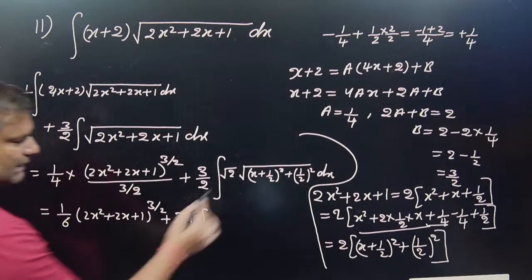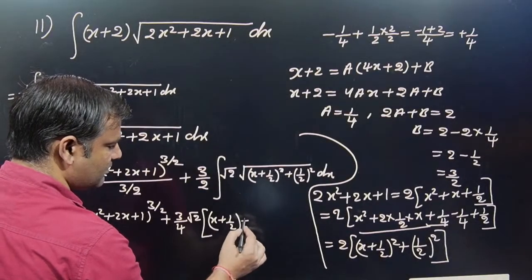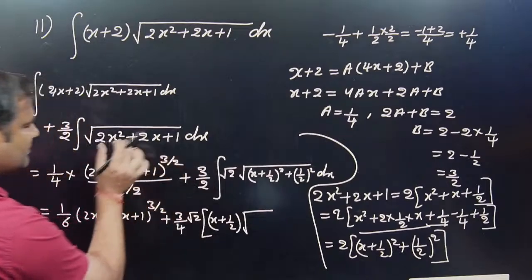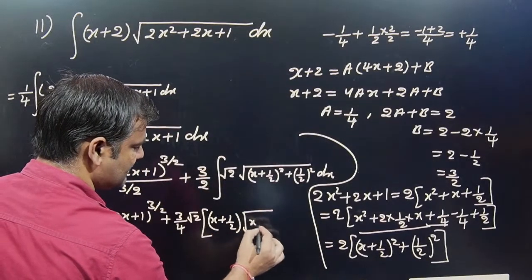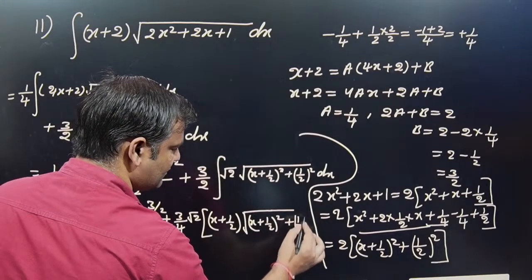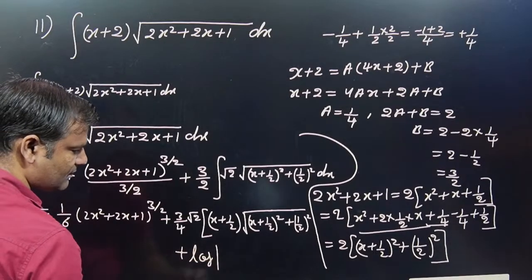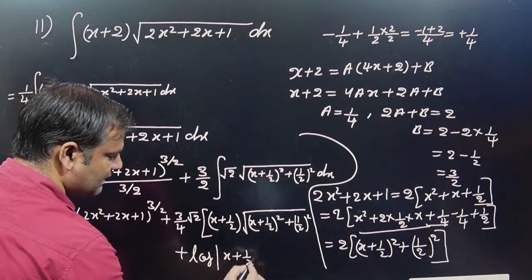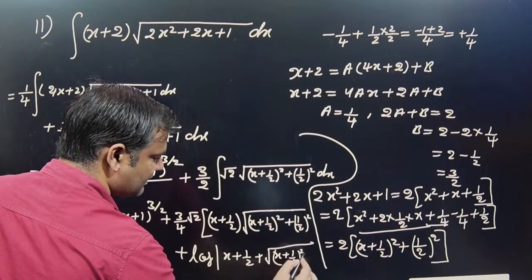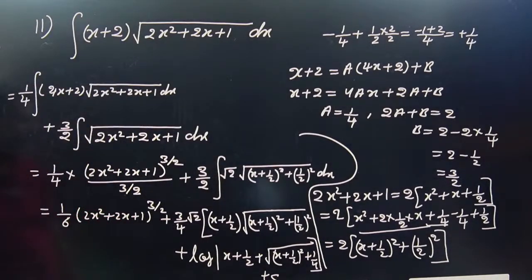Okay, integration of this one, x plus half into under root. Simply you can write now x plus half to the whole square plus half to the whole square plus log of modulus of x plus half plus under root of x plus half to the whole square plus 1 by 4, plus c. Okay, this is the right answer.